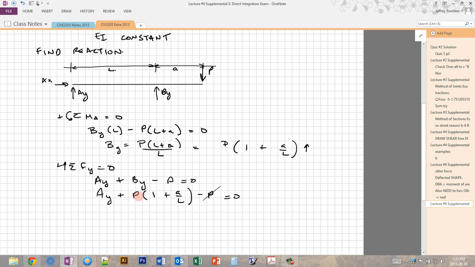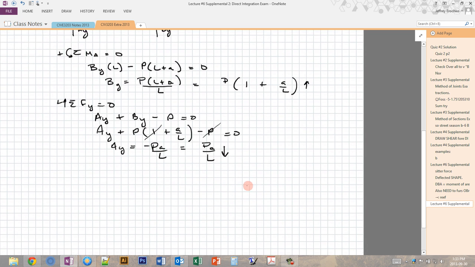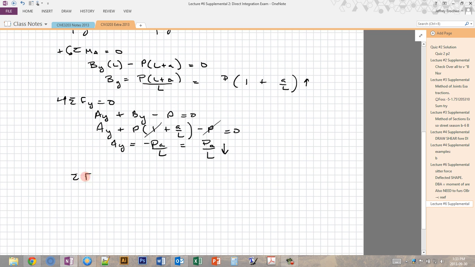So this P and this P times 1 cancel out, and we get AY is equal to negative PA over L, which is PA divided by L in the downward direction. And then sum of Fx equals 0 gives Ax equals 0. Pretty common.